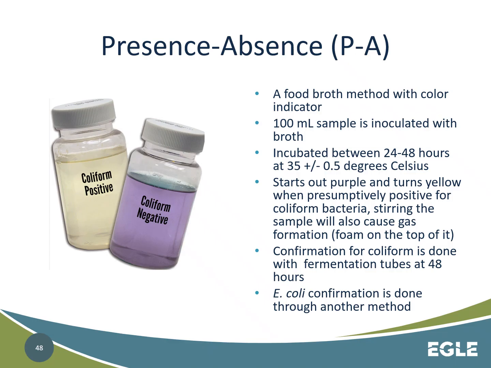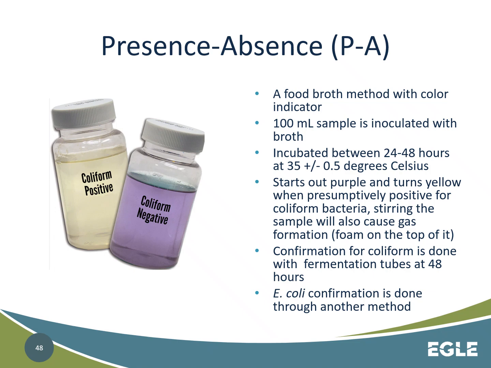The next one is presence-absence. Multiple tube fermentation and presence-absence were kind of combined to give you color and those substrate reactions. This again is a broth media where it starts out as a purplish color and then turns yellow if it's positive. You take your 100 mLs, add the broth to it, stir it up, and throw it in an incubator for between 24 and 48 hours.